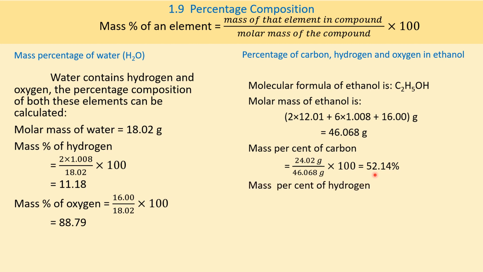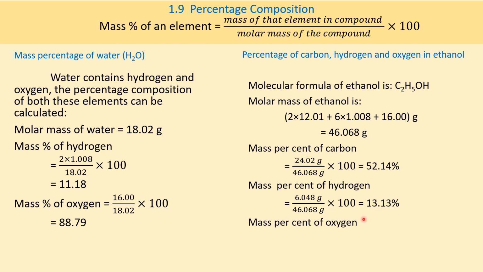Now next is mass percentage of hydrogen, that is equal to 6.048, that is 6 into 1.008 divided by 46.068, that is the molar mass of ethanol, into 100, that is equal to 13.13%. So mass percent of hydrogen is 13.13.